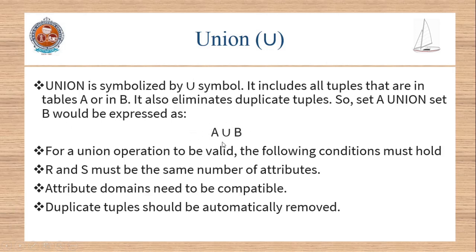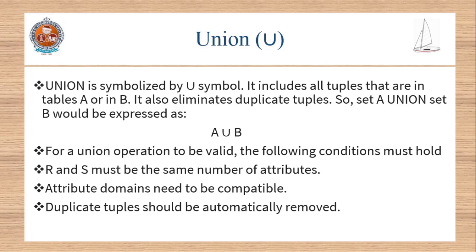For this operation to be performed, we have to satisfy three conditions. The first one is that both the relations must have the same number of attributes. The second condition is that all the attribute domains must be compatible in the two relations. Domains means what?